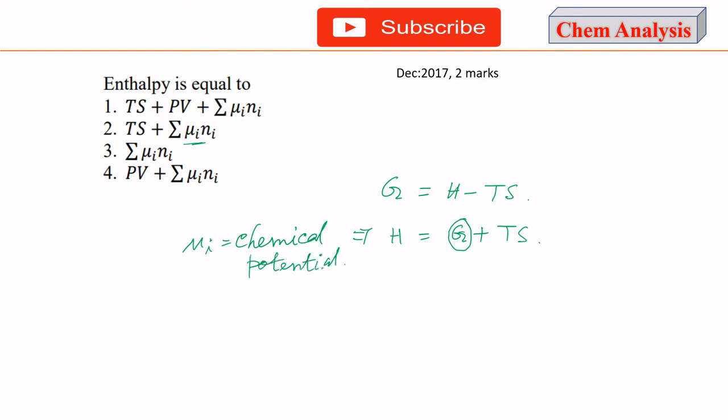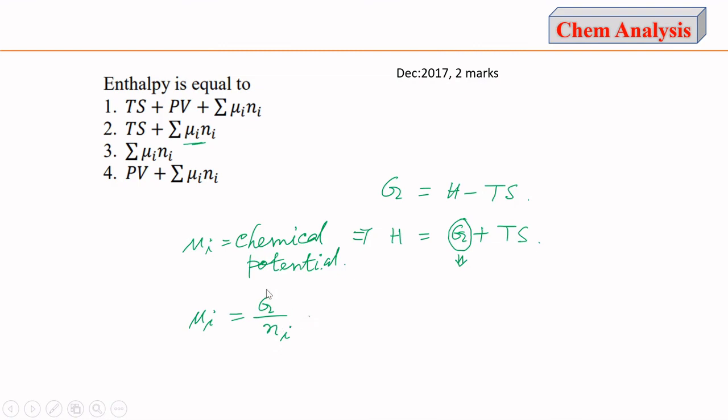Now the relation between chemical potential and Gibbs free energy is like this, that is the free energy change of a system by adding Ni number of molecules is corresponding to chemical potential of the system. So from this we can write G is equal to mu i Ni, and the total G of the system is equal to summation over mu i Ni.